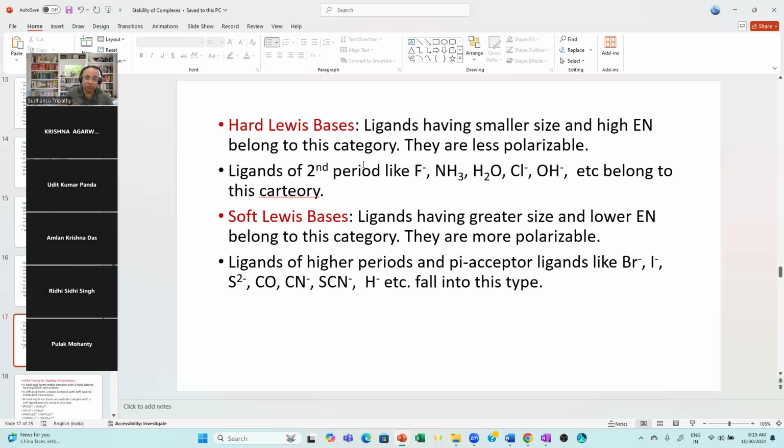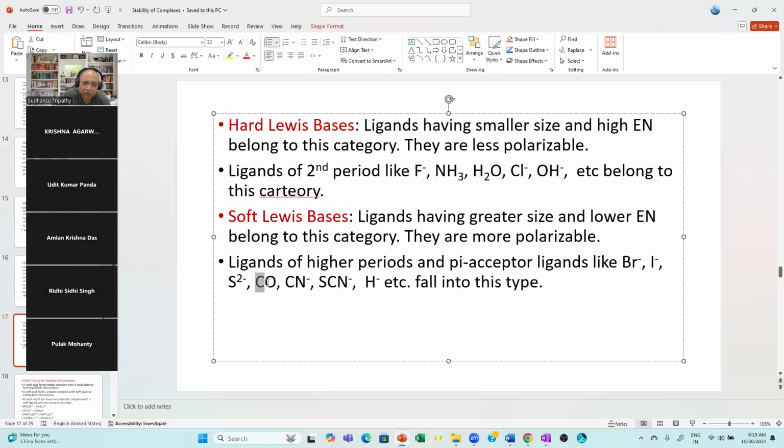And soft bases are those which have large size, so their polarizability will be more. They have a greater tendency to form covalent bonds. Iodido, sulfido, these I have written, and some which have pi bonds, like carbon monoxide, cyanide, pi acceptor ligands.